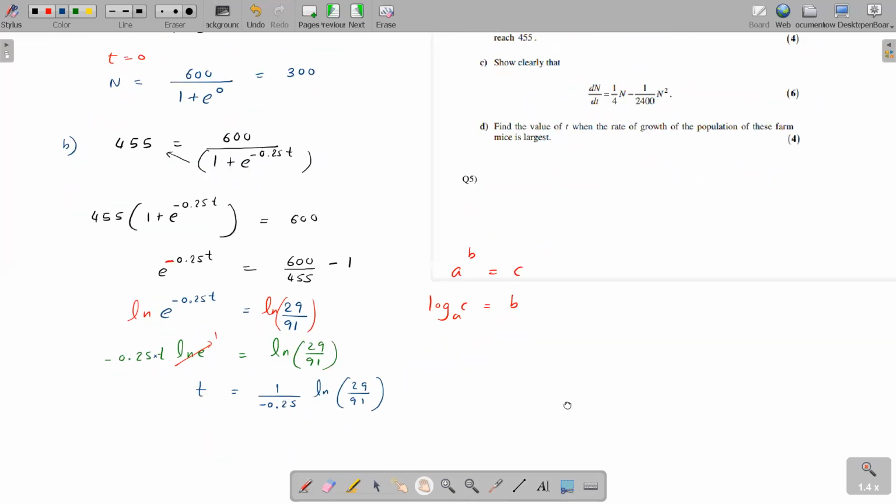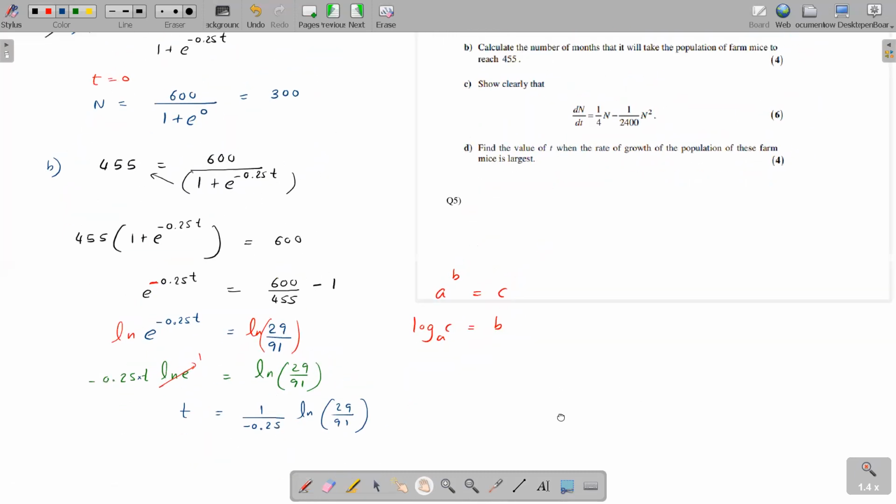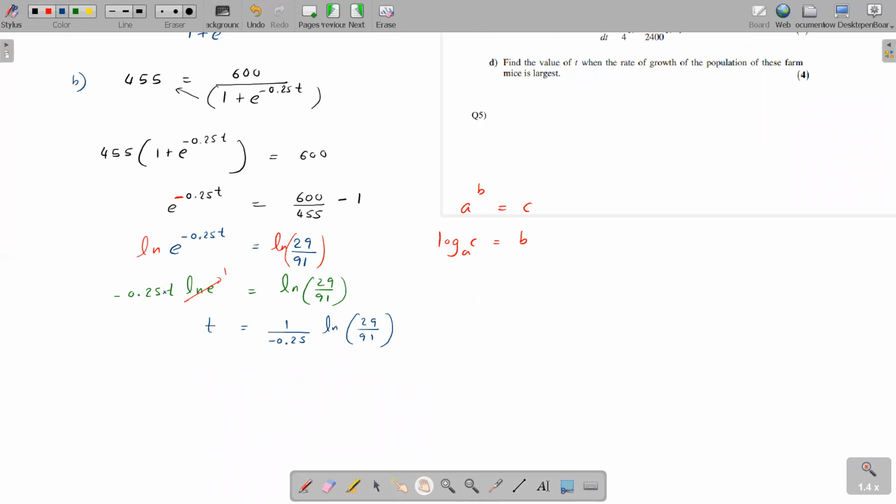So can I have the number of months? Calculate the number of months it will take the population to reach 455. How many months? Type in the calc.